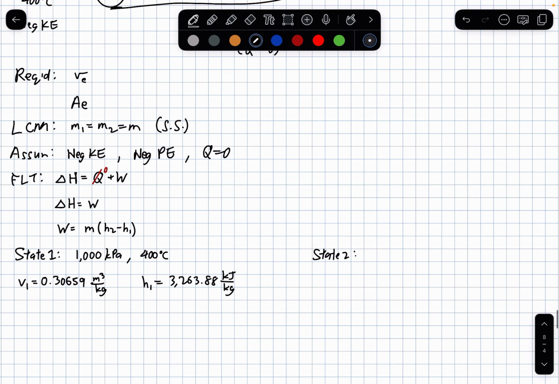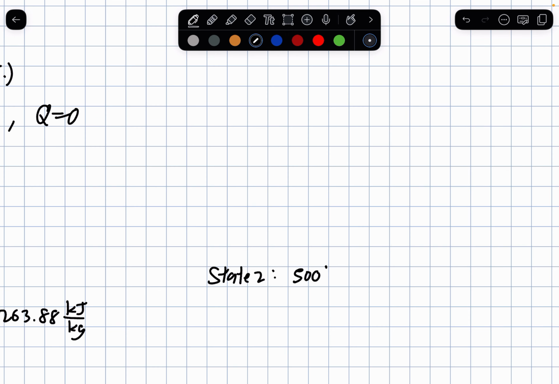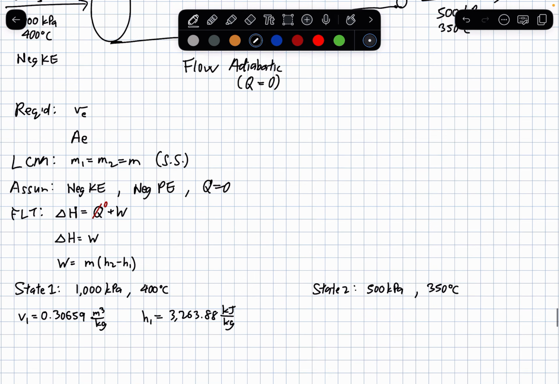What's state 2? 500 kilopascal, 350 degrees Celsius. Okay.